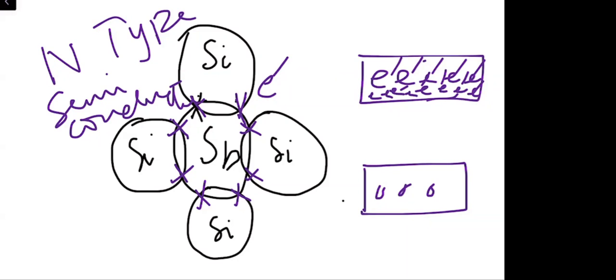The holes available in the valence band are called the minority carriers. All this happens due to the addition of pentavalent impurity, and the pentavalent impurity here is antimony, right?